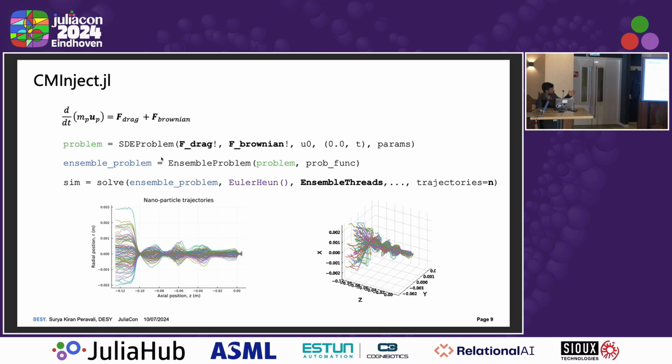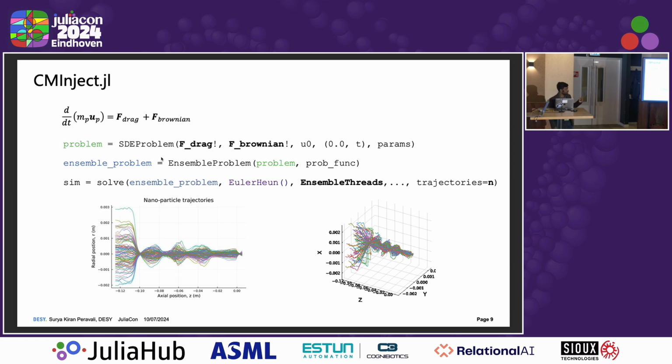First, we define a stochastic differential problem using functions of drag and Brownian noise, and then I ensemble this problem in order to run it in parallel, and then solve it using a suitable SDE solver and an algorithm for multi-threading, that is EnsembleThreads, which I used here.